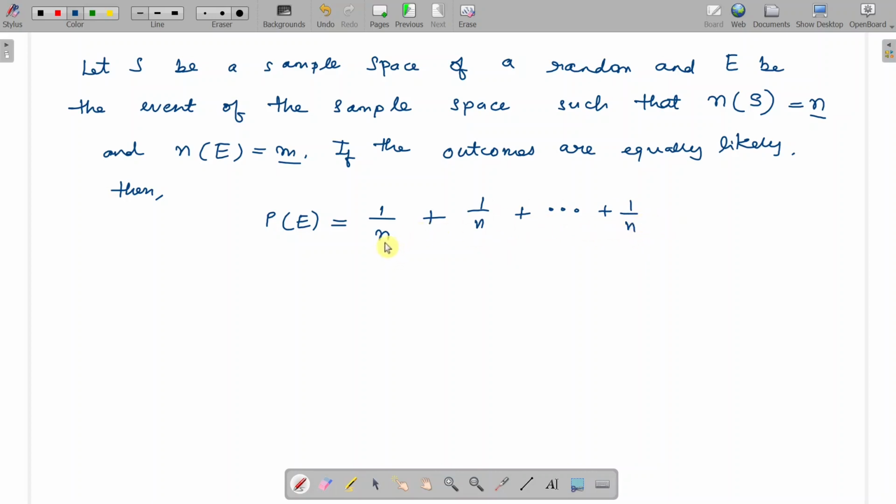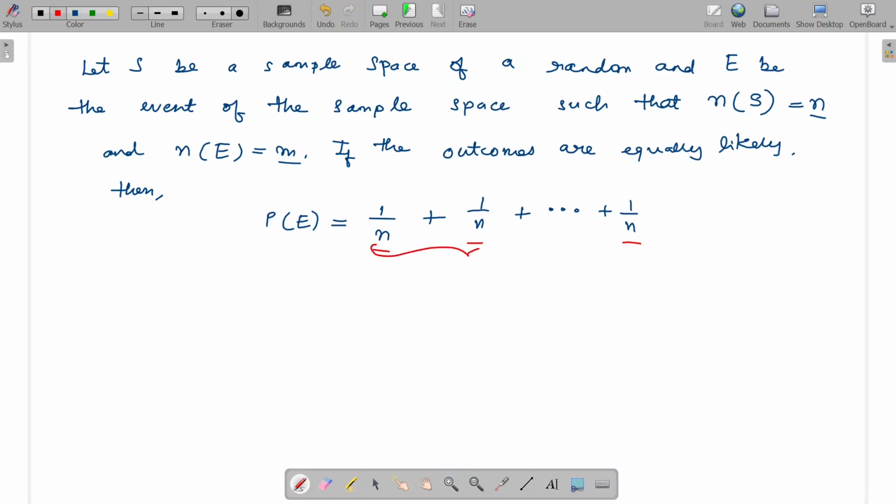The probability of the first outcome in the event E is 1 by n, right? And the probability of the second outcome in event E is again 1 by n. Then up to the probability of the mth outcome in the event, which is again 1 by n.